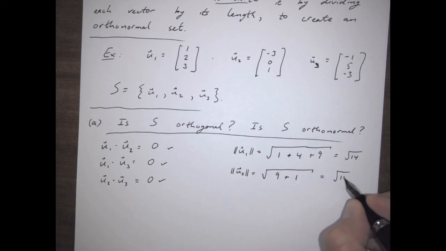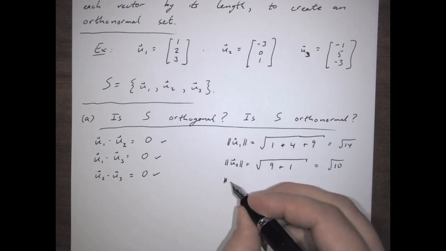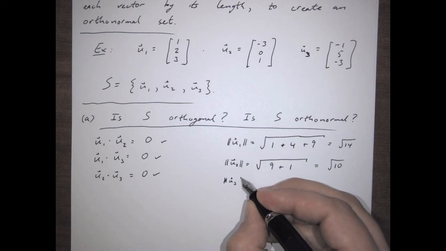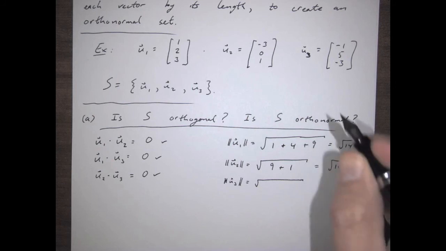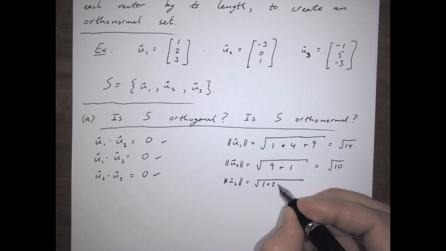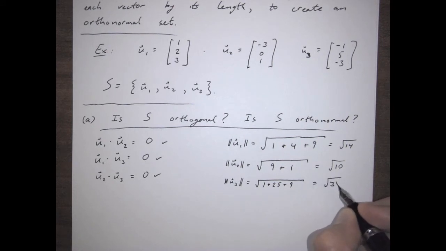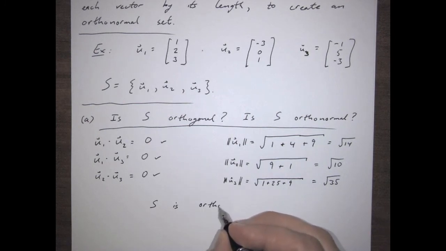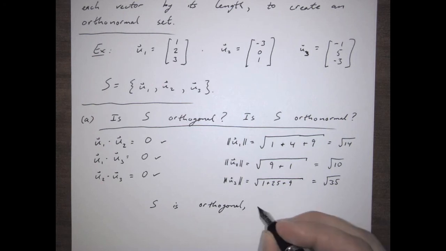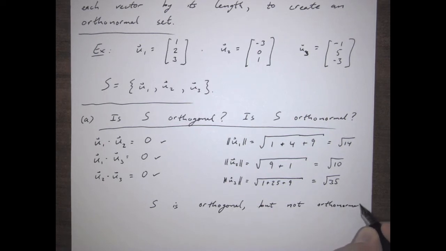It's going to be square root of 10. And the magnitude of u3 is equal to 1 plus 25 plus 9 equals square root of 35. And so S is orthogonal, but not orthonormal.